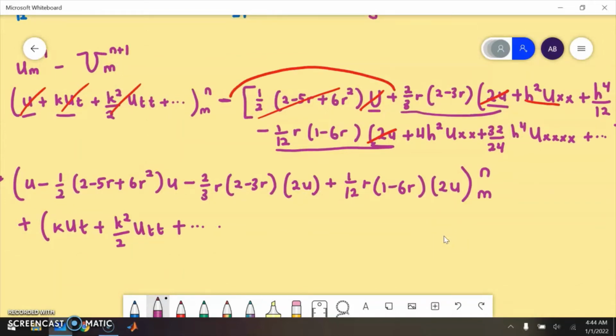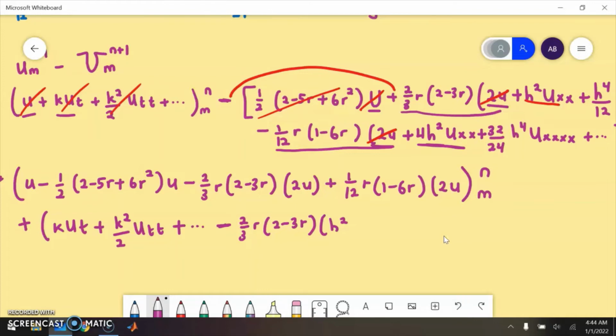I have negative 2/(3r), 2 minus 3r, h². Let's collect another u_xx term, which is here, but negative, negative will be positive. How do I do this? Into the exact sign? I don't know.